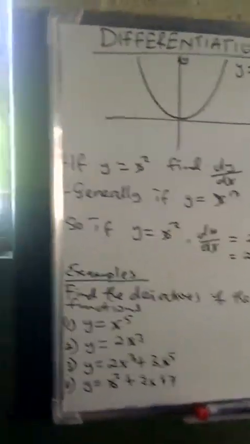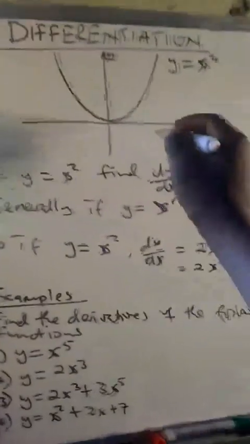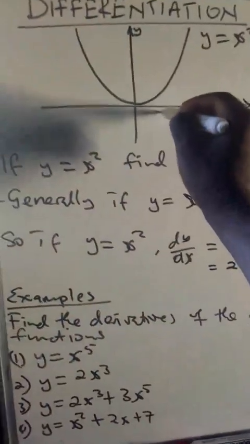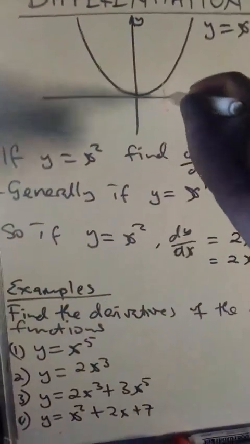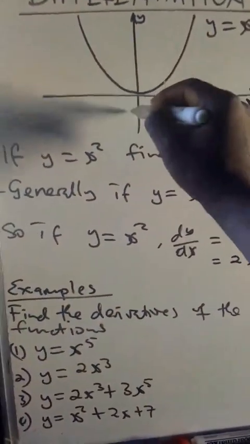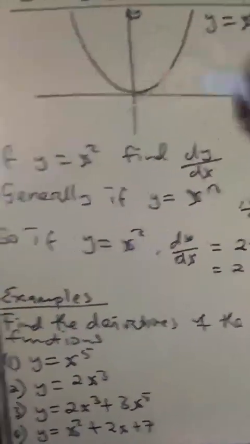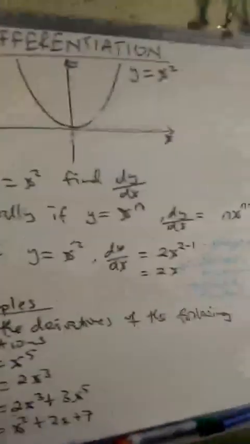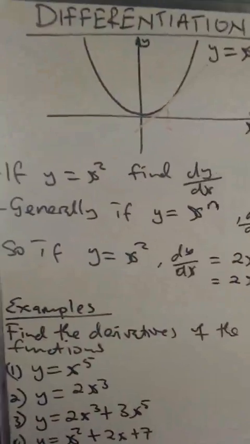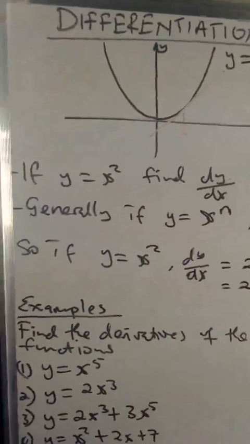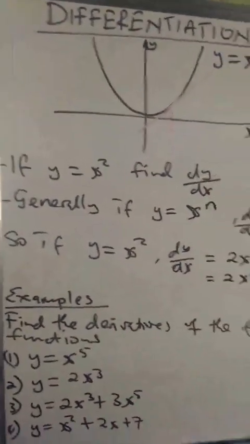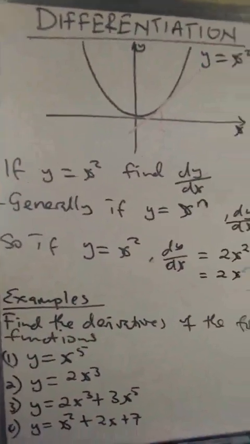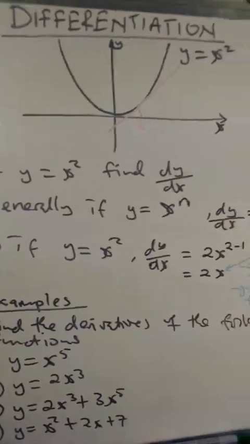Like to say, find the gradient when x is equal to 2. Then you had to draw a tangent like this, and then you find the gradient of that tangent. Then that will be the gradient of the curve at the point x is equal to 2. Then there is a quicker way.